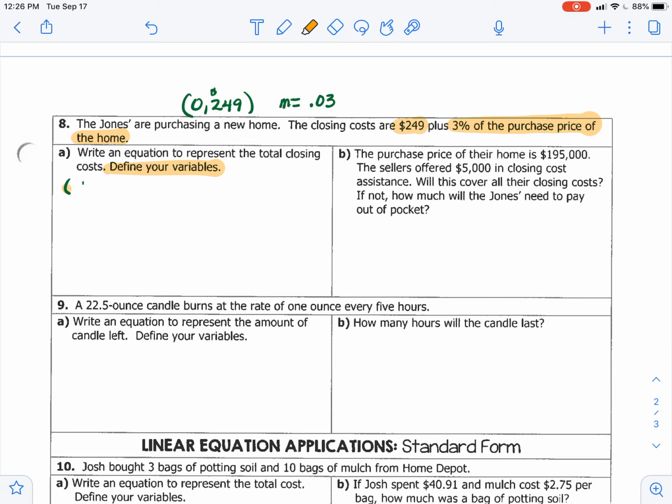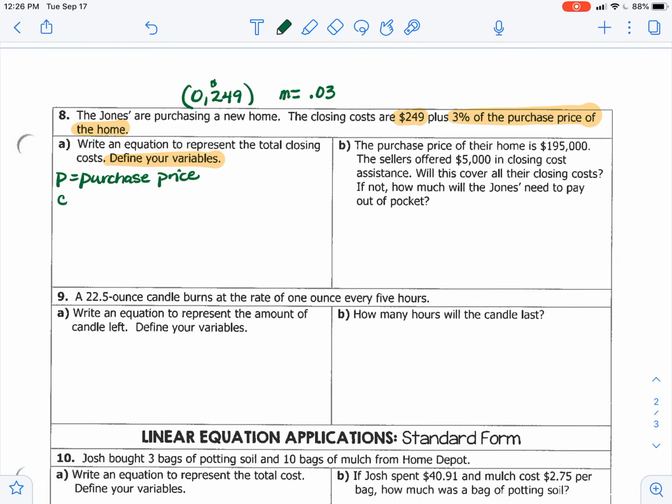Here, I'm going to come over and just go ahead and identify my variables. Okay, so P is the purchase price. And C is going to be the closing costs.